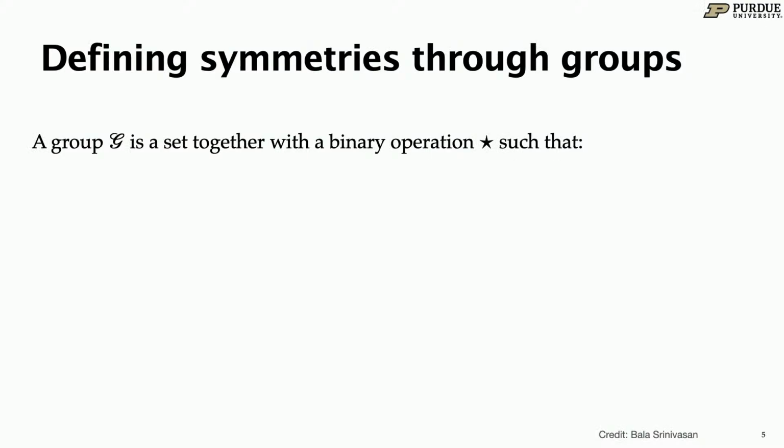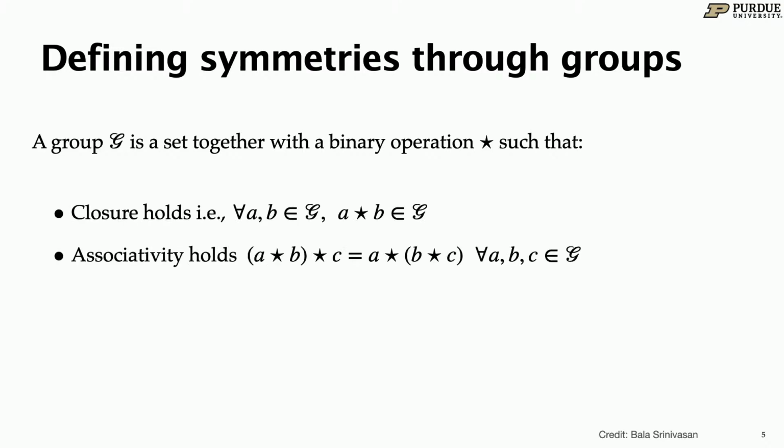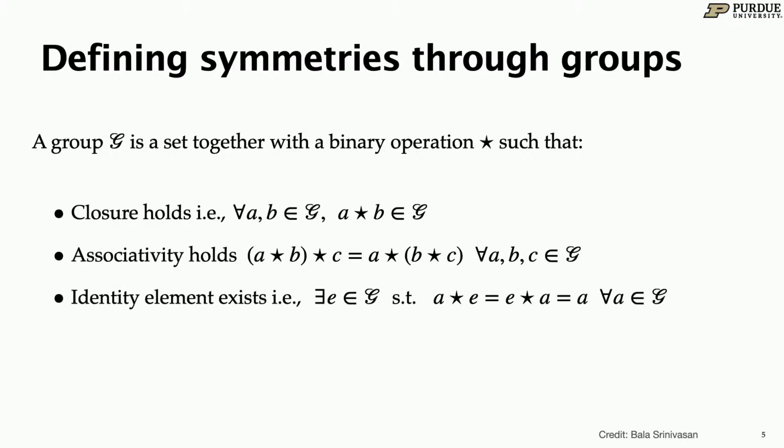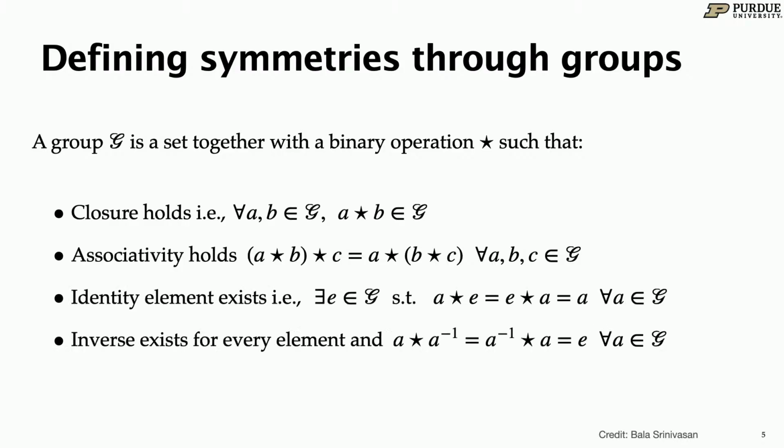For the folks who are not familiar with symmetries through groups: a group is just a set together with a binary operation such that there is closure, there is associativity, there is an identity element, and then there is an inverse. That's a very important part of being a group: for every element there is always an inverse.